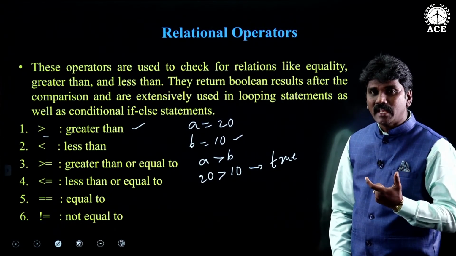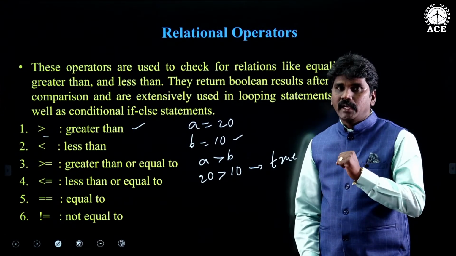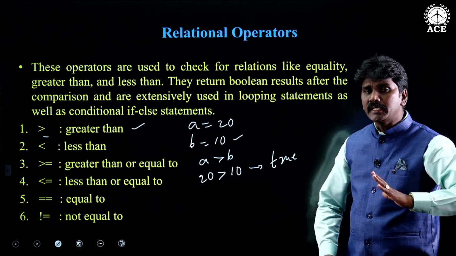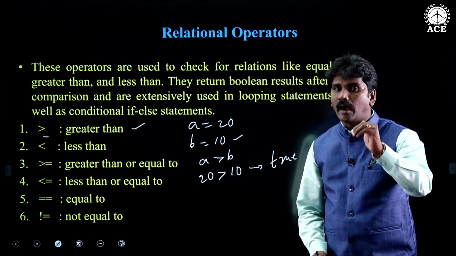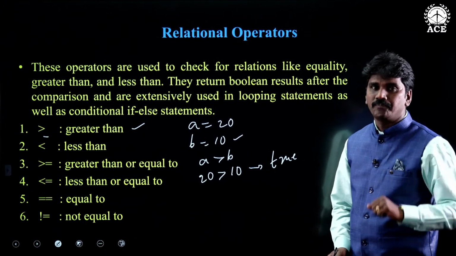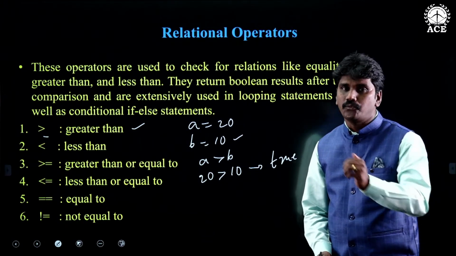What is the Boolean value? We have seen the different data types, and one of the data types is Boolean. The value for Boolean is either true or false.